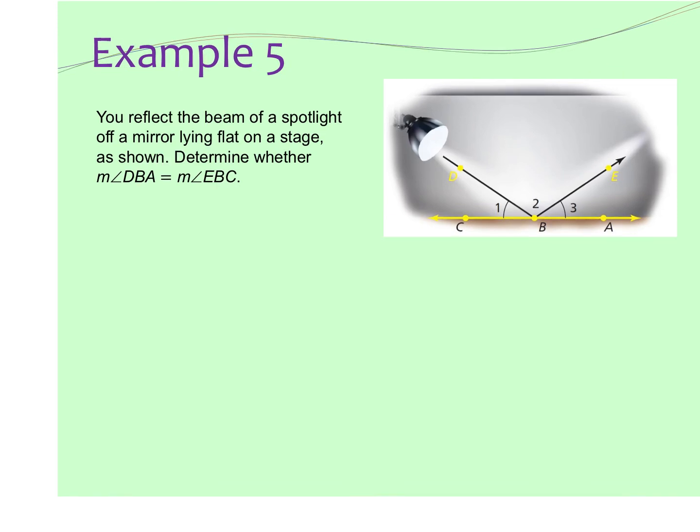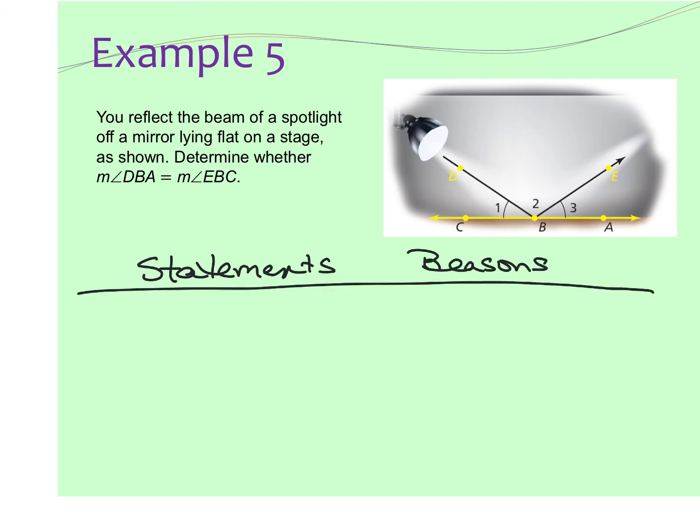It's going to be a geometry proof. We set up the geometry proofs the same way. So we'll make a column for statements, a column for reasons. Now this time the given information is from the diagram.